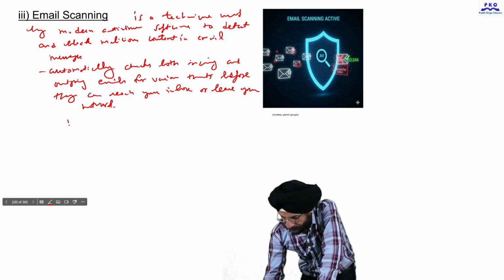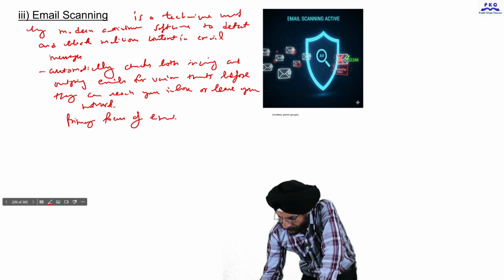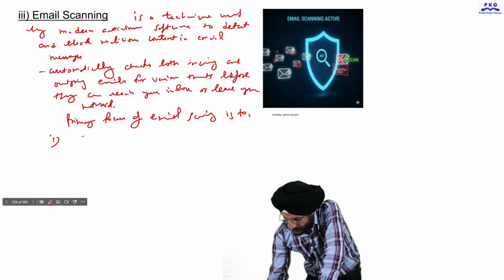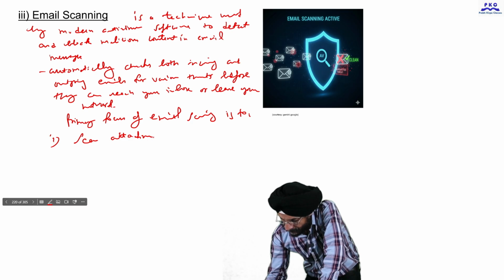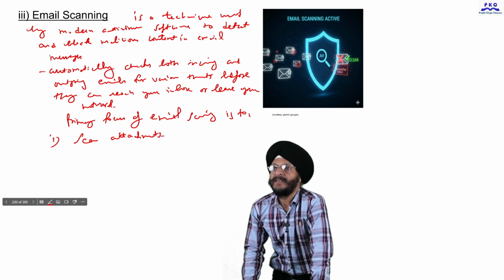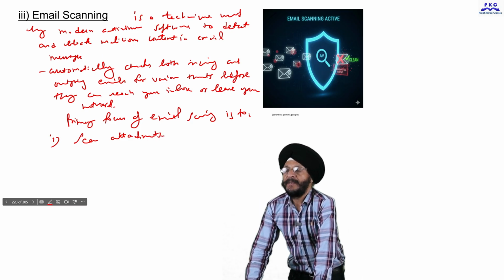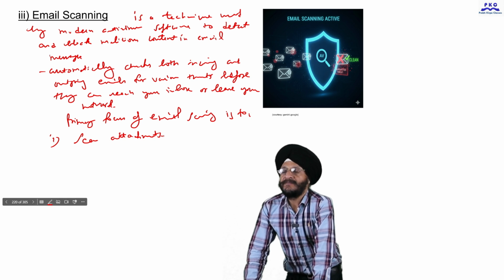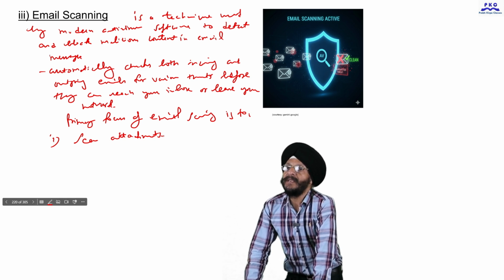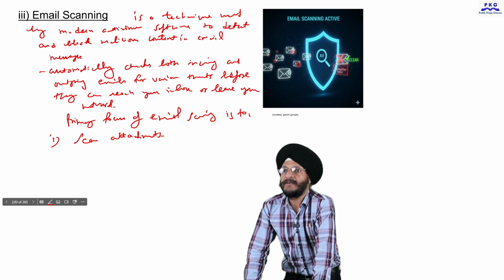The main or primary focus of email scanning is to scan attachments. When we receive an email, it is possible that it is from some cyber criminal. It may contain an attachment.